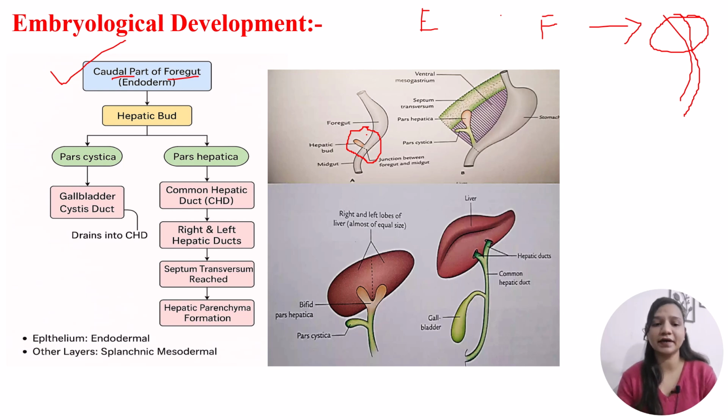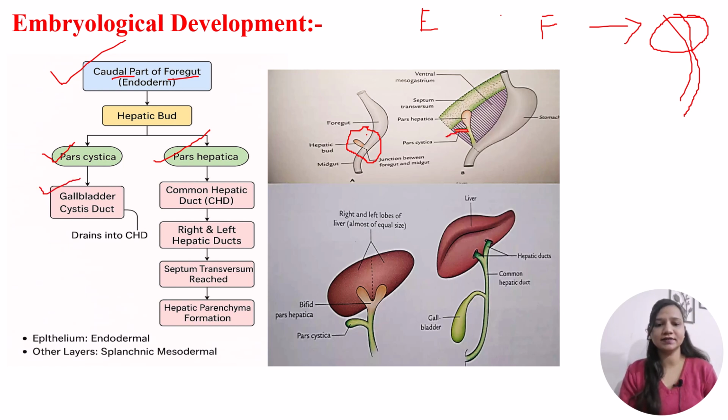So this hepatic bud divides into 2 branches. First one is pars cystica and second one is pars hepatica. From pars cystica, as you can see in this picture, what develops?